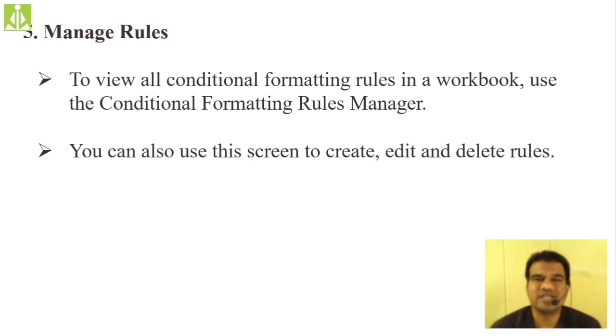So go to conditional formatting, and there will be an option, manage rules. Before selecting that option, select the cells on which you have applied the conditional formatting rules. First you select that list, then go to conditional formatting, then manage rules.